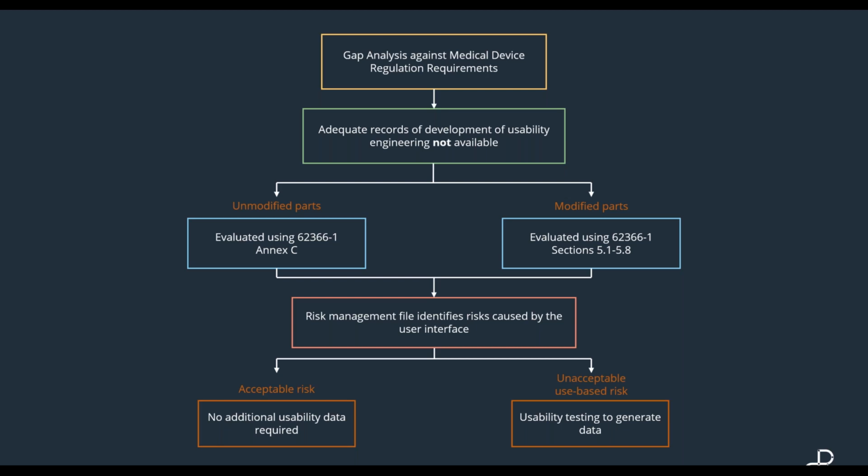And you kind of collate all of that into your risk management file, which allows you to identify all of those risks that are caused by the user interface, including your new software interface. And that will give you an idea as to where you are in terms of whether you've got acceptable risk, in which case you probably don't need any additional usability data, or whether you've got unacceptable use-based risk, where you would want to be doing some usability testing to generate that data.